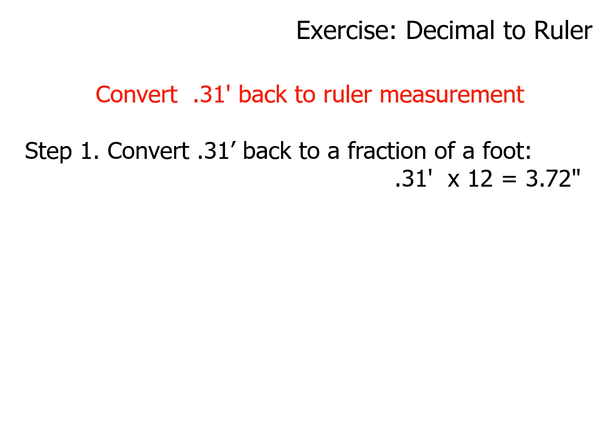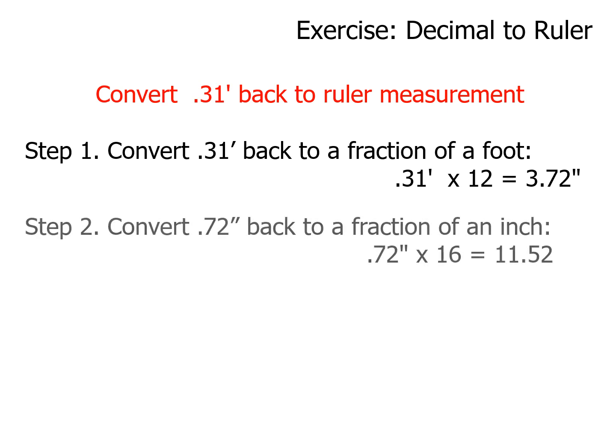Well, if I multiply that by 16, of course, I want it in units of 16, and that'll tell me it's 11.52. Well, think about it. You slide your fingernail over on a rule, on a tape measure, you're going to be at 11.52 sixteenths.